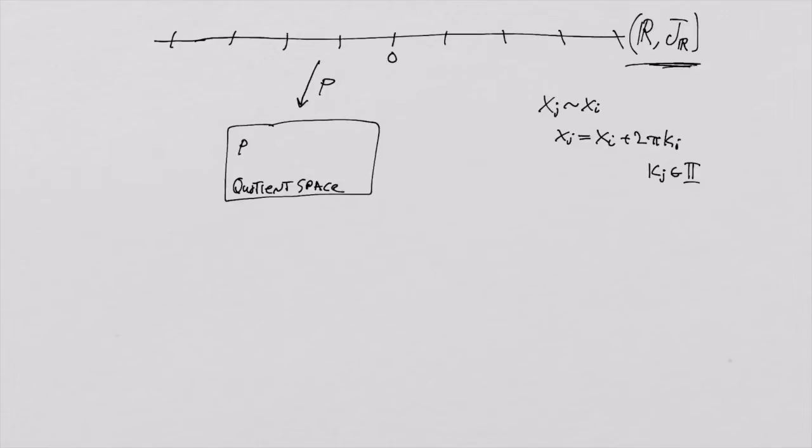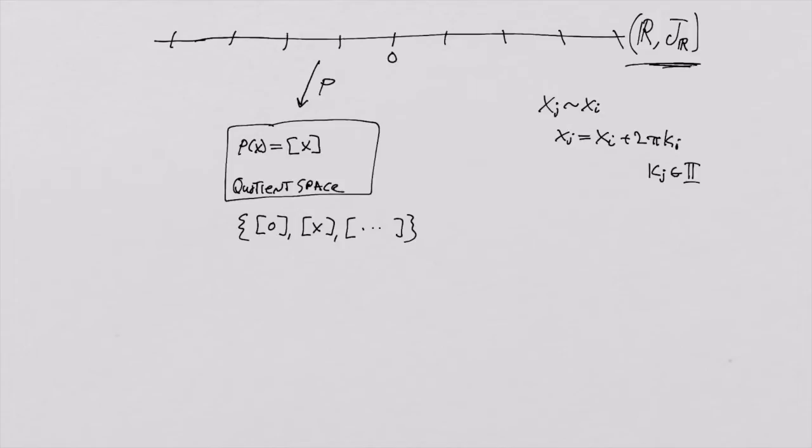So P is going to map the point X to the equivalence class of X. So the quotient space is actually a set of all the equivalence classes of every point on the real line. And I can't write them down in any countable way, right? Because there's just an uncountably infinite number of them.